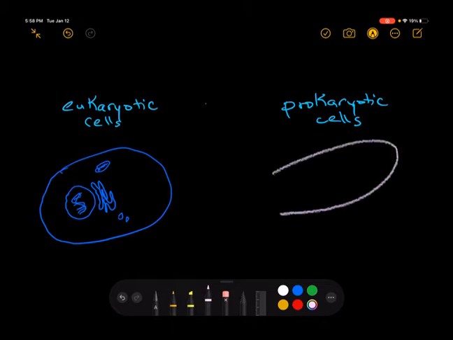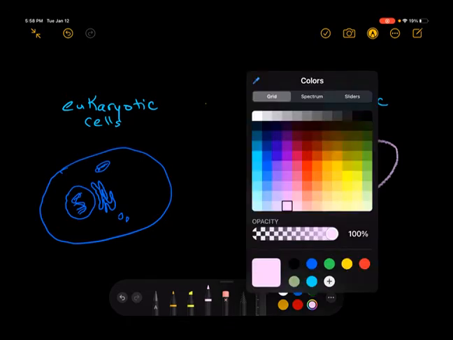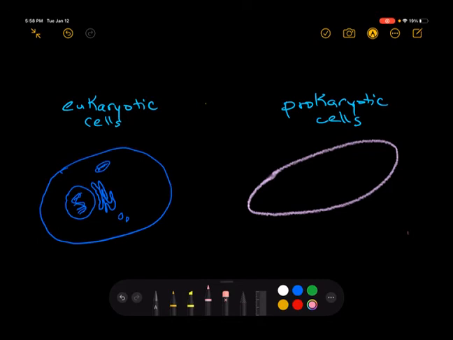So our prokaryotic cells are often rod-shaped or ovular, and they have a cell membrane, and then they also have a cell wall, and the cell wall is outside of the cell membrane. Now there are different types of arrangements, and it doesn't always look exactly like this, but I'm simplifying it for now.